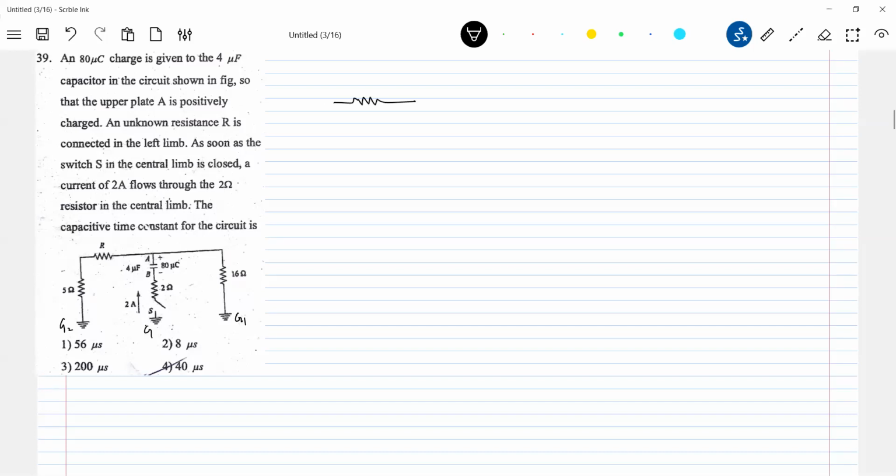This is R. After closing the switch, there is a capacitor and there is a current of 2 ampere. This is 2 ohm.